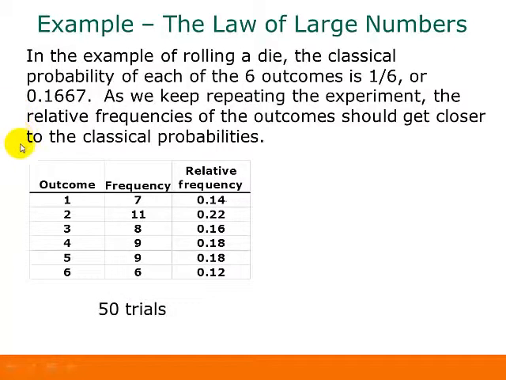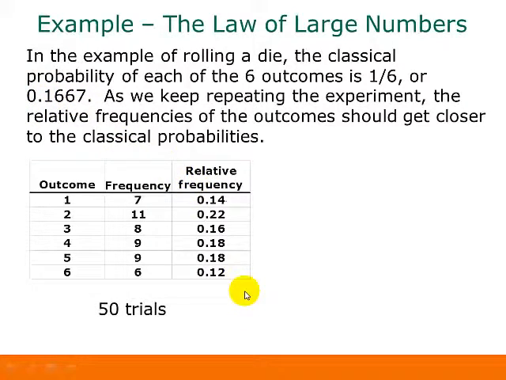So let's say that we rolled a die 50 times. So we repeated the experiment with 50 trials. And we got these frequencies. Then our relative frequencies would be these. And notice that some of them are close to our classical probabilities, but most of them aren't all that close.